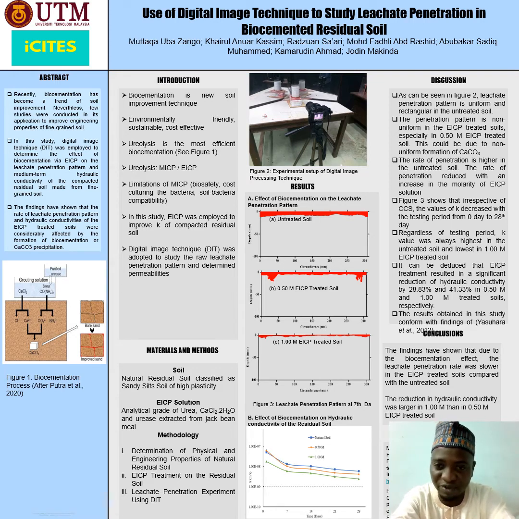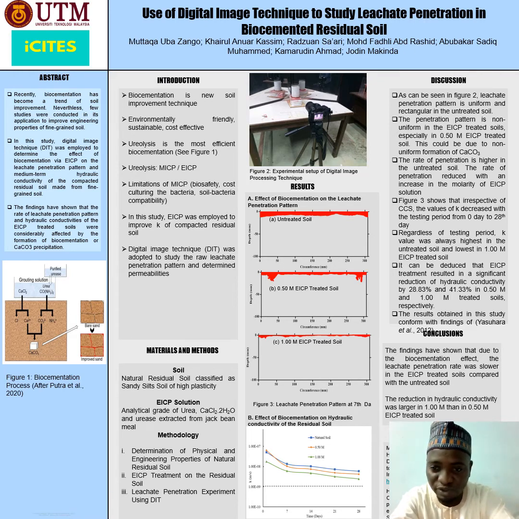As we can see in figure 3, irrespective of the concentration of cementation solutions, the values of permeability decreased with testing period from 0 to 28 days. And regardless of testing period, K value was always highest in the untreated soil and lowest in the 1.0 molar EICP treated soil.